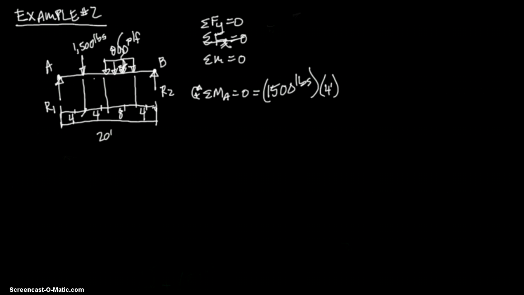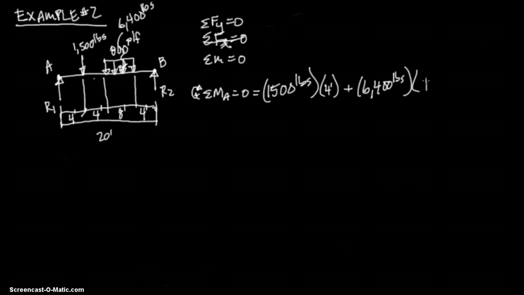So we have an equivalent point load of 6,400 pounds. I don't know if I said 6,800, but it's 6,400 pounds. And then that's also a positive moment. It's going to create a positive moment rather. 6,400 pounds times, well, we know it's 4 foot here, another 4 foot, and then it's half, another 4 foot, so 12 foot to that point load.